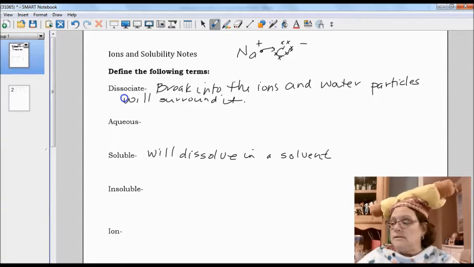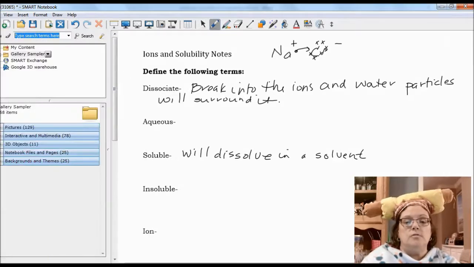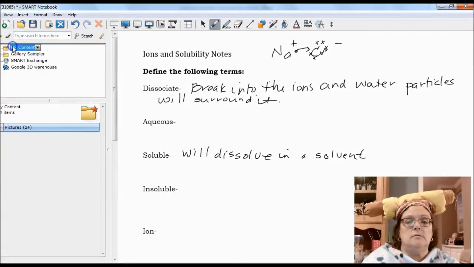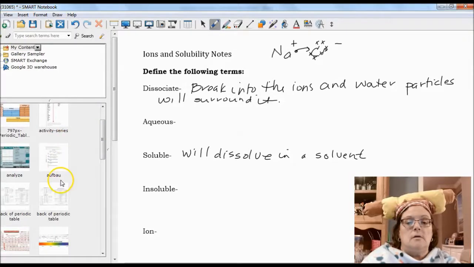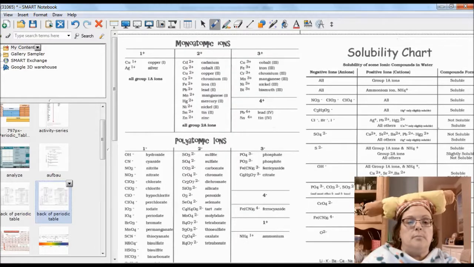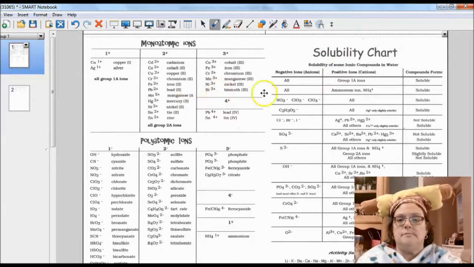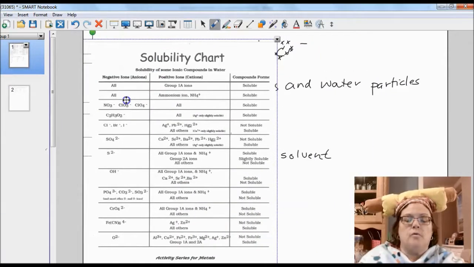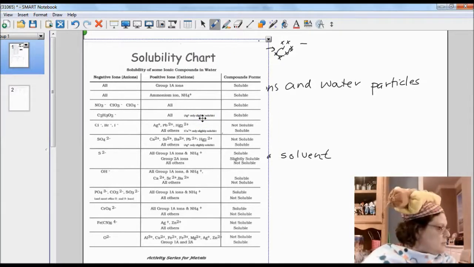How do we know what's soluble and what's not? Well, in your notes, of course we have our ion chart on the back, but we also have a solubility chart on the back of our periodic table.